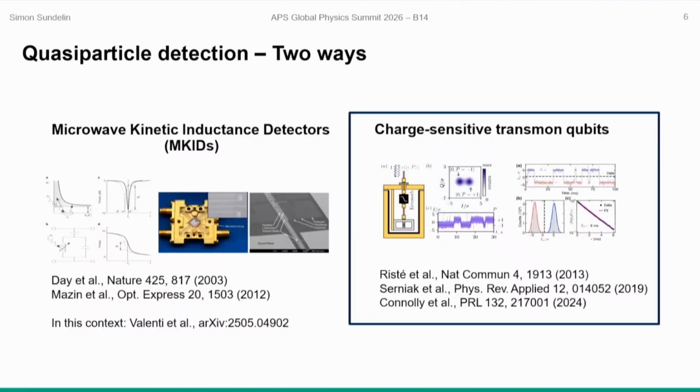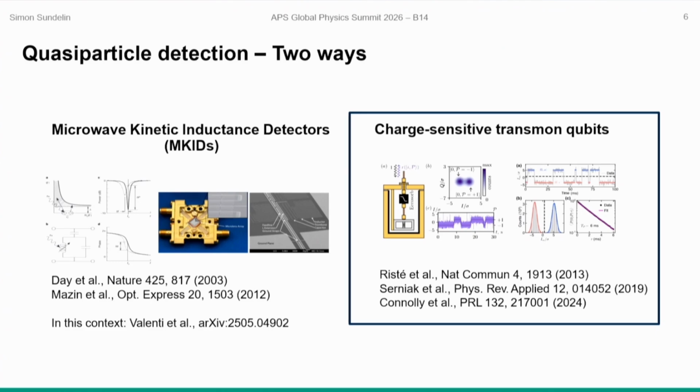To this end, we can turn to two main platforms, I would say. One is microwave kinetic inductance detectors, and the other one, which is what we turn to, are charge-sensitive transmon qubits, where you can monitor the charge parity state of your qubit through, for example, a readout resonator.